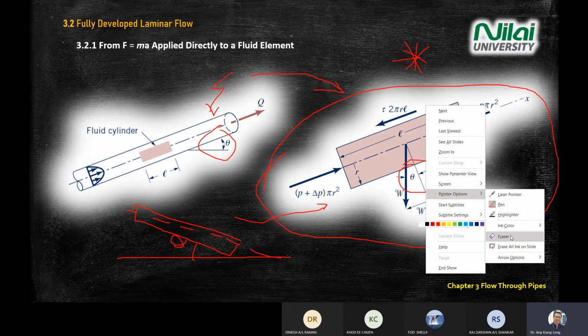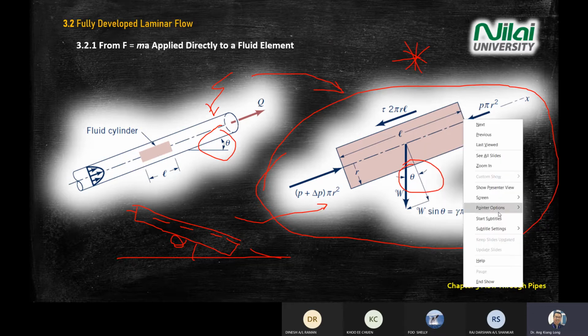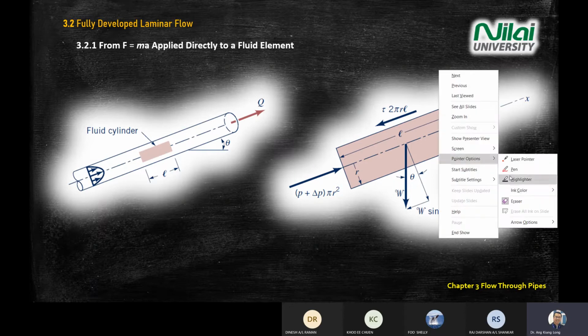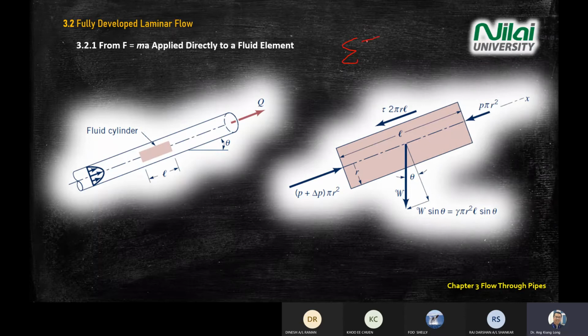This diagram is something you learned already in statics, so I'm not going to repeat it. You have your W sine theta over here that can be added to the system, because we are looking at the X direction. We are looking at all the forces in the X direction equal to 0. So this component is W sine theta. How do you find the W?